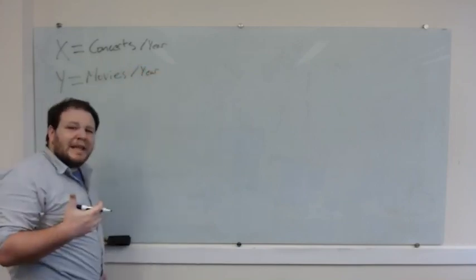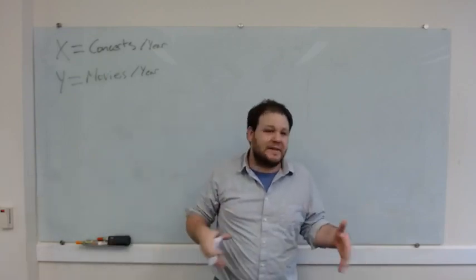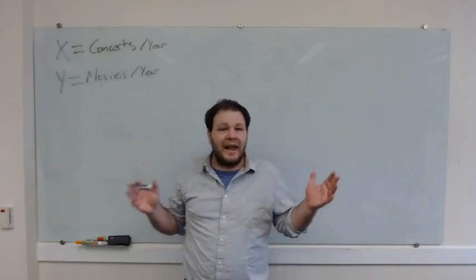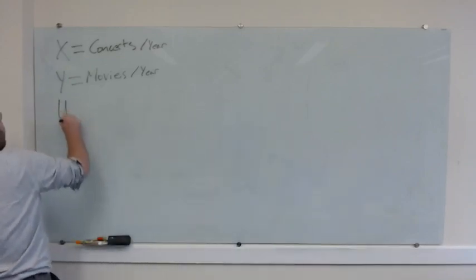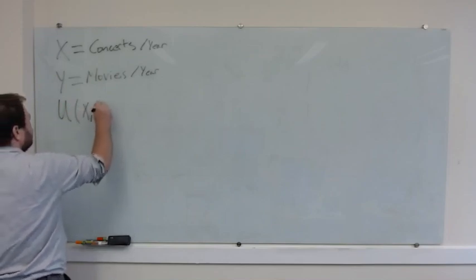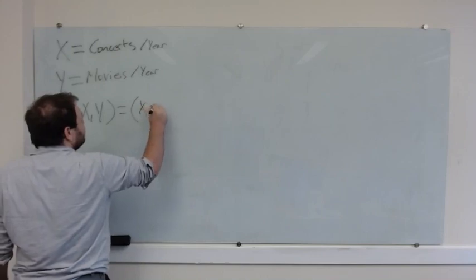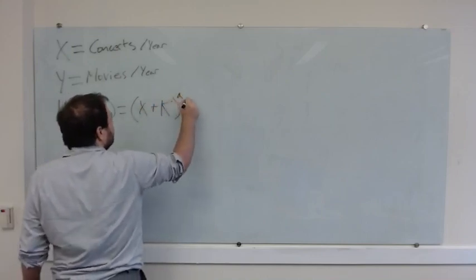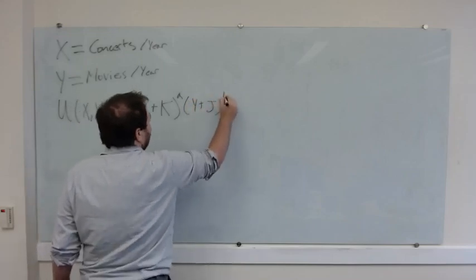We don't really believe that your utility is 0 if you get to see 5 concerts this year but didn't go to the movies, or if you get to see 5 movies this year and didn't go to any concerts. So what we'll do is we'll write a utility function that looks like u of x and y equals, let's say, x plus k to the a times y plus, let's say, j to the b.